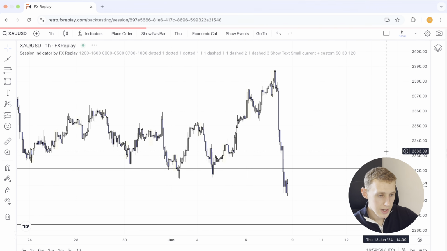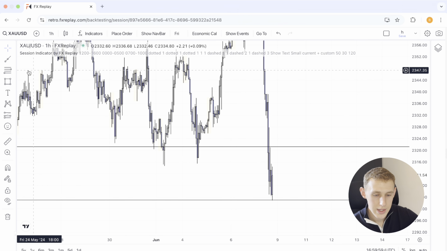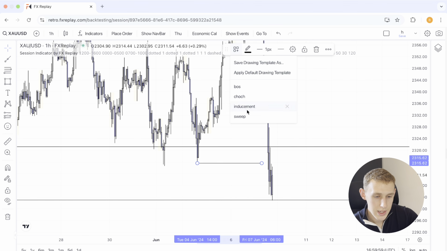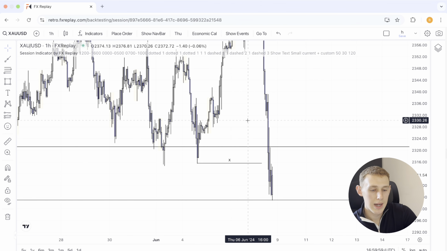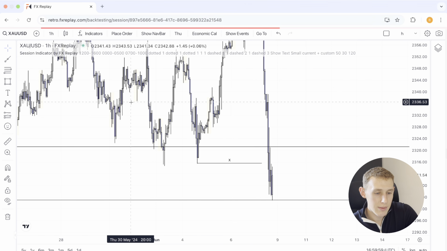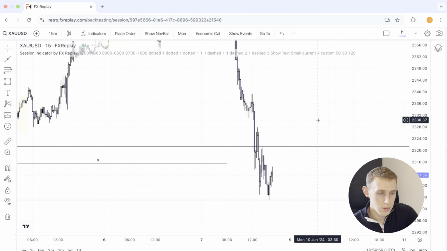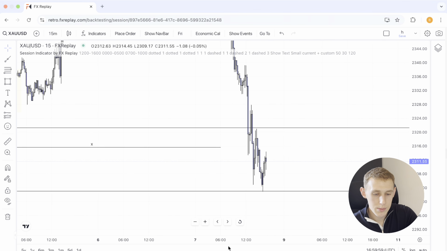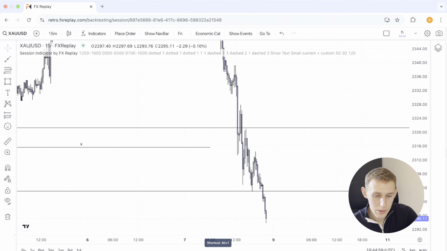Price is still holding that daily demand zone though. So as long as this daily demand zone holds, then I'm still interested in buys. And I'd be taking the perspective here that instead of this being a breaker structure, I would view it as a sweep back into that daily demand, particularly because price has just swept the demand low as well.